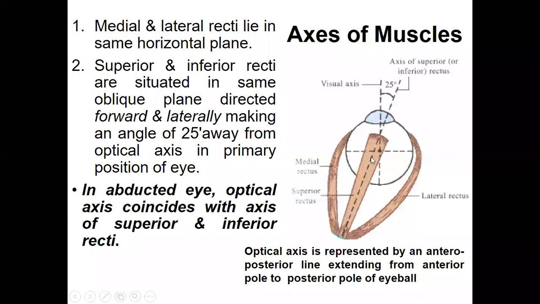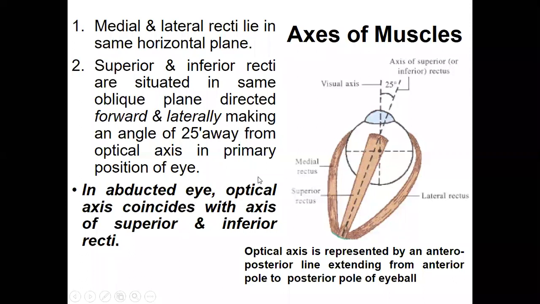Now superior rectus and inferior rectus are situated in the same oblique plane, directed forward and laterally, making an angle of 25 degrees away from the optical or visual axis in the primary position of the eye.